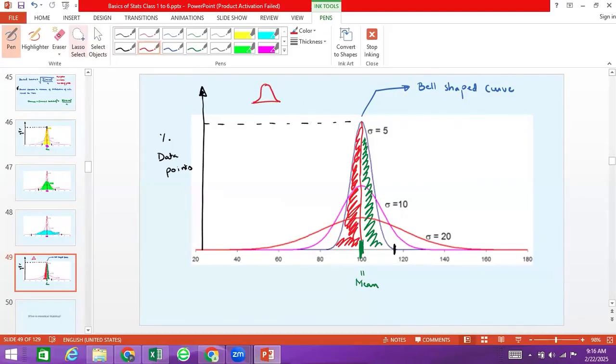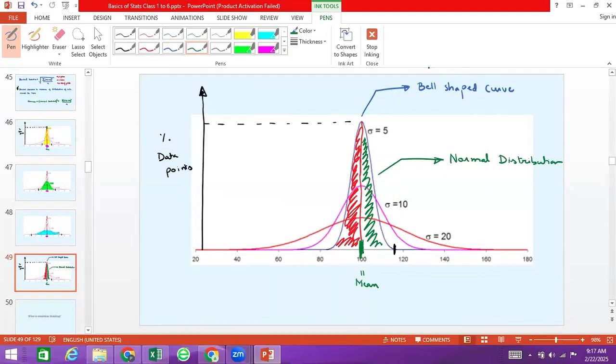So they call it a bell-shaped curve, or in general, we call it a normal distribution. It's a bell-shaped curve, and the more technical term is normal distribution. A normal distribution is symmetric around its mean, and it is bell-shaped.